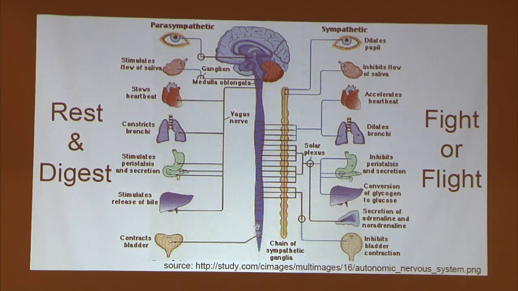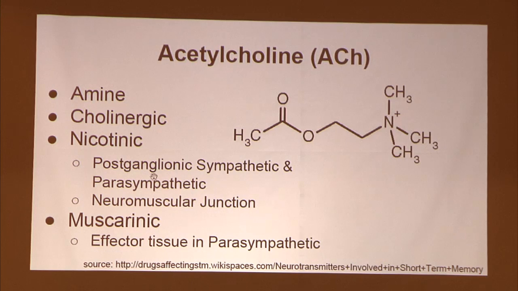We say the neurons coming from the spinal cord are called the preganglionic neurons, and the ones that are either in the sympathetic chain or near the effector cell are called postganglionic neurons. Between preganglionic and postganglionic, we have acetylcholine being released in both of these systems.